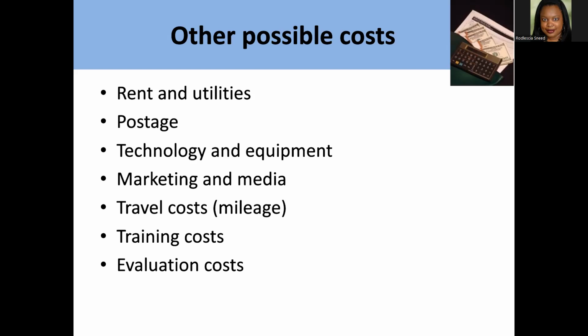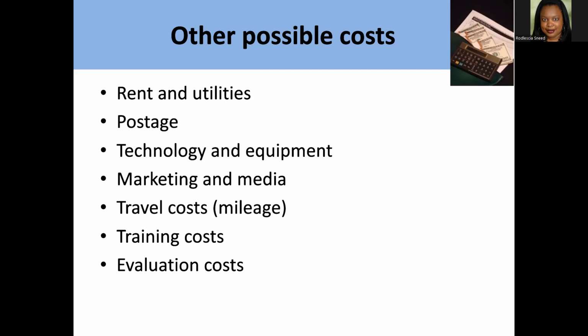Another common cost is travel cost. So the last grant that I participated on was a Robert Wood Johnson Foundation grant. They required us to attend a meeting once a year for the 3 years that this grant went on.